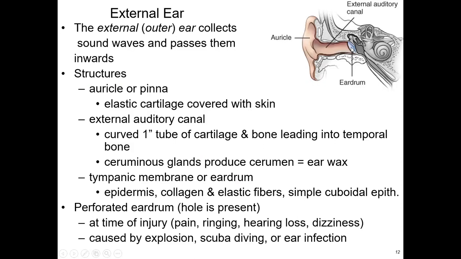This is the eardrum, and this is a thin but living tissue that starts to vibrate when those pressure waves hit it. So here's some of the contents that make up the eardrum. We have connective tissue, and we have an epidermis-like covering. But the point is that this is living tissue with living cells.